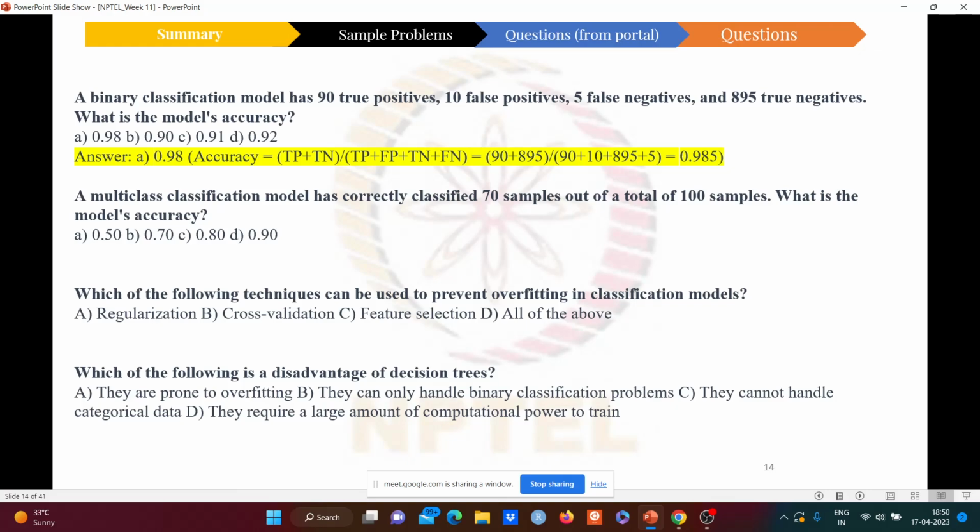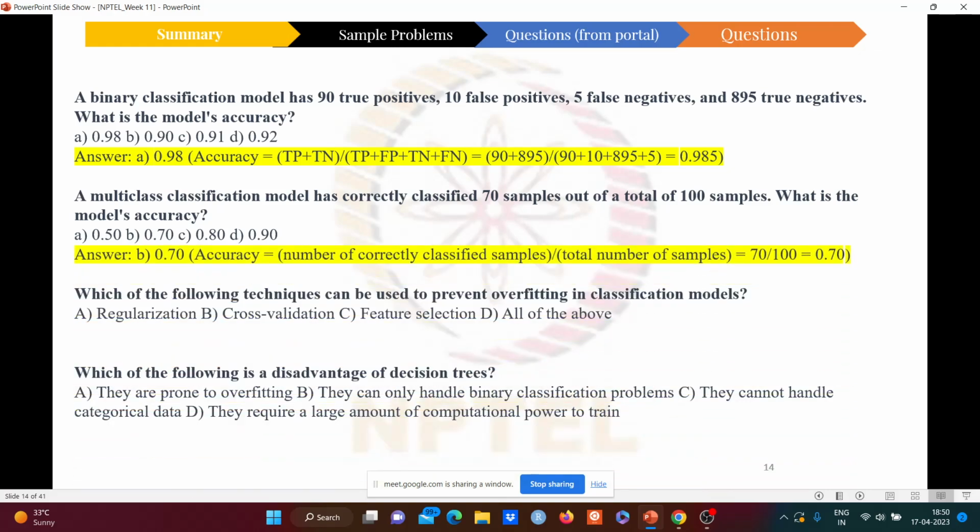Accuracy can also be defined as number of correctly classified instances by total samples. So it's 0.7, because 70 are the correctly classified ones divided by 100.